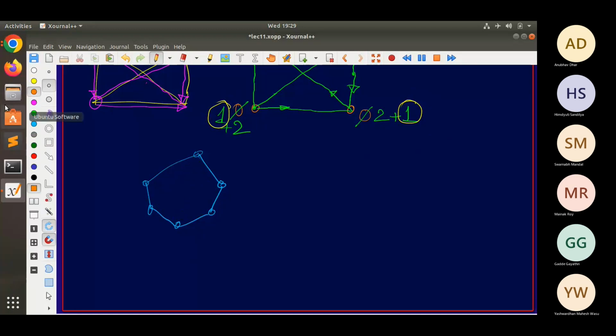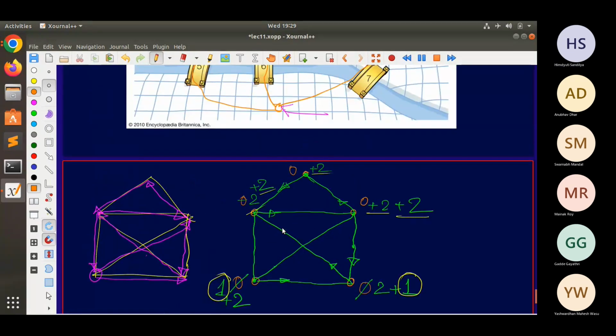Okay. What happens if there is exactly one vertex which has an odd degree? Anyone? Is it possible? In only one vertex having odd degree is not possible.